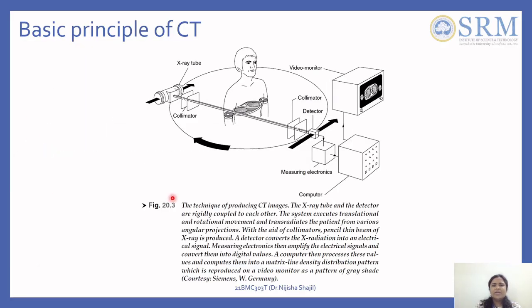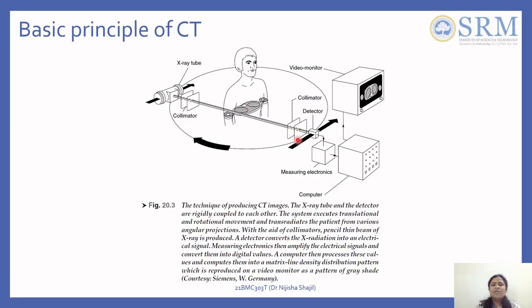Again, to understand this better, this is the subject, and you're going to scan this part, the axial part. In that case, I'm going to use the X-ray tube. Remember in the previous unit, we studied the collimator. It's going to shape it and send it as a fine beam, and you're going to send the X-ray. On the opposite side, you're going to use a collimator again, or it's called a grid, to allow only the single direct rays, to avoid all the scattered radiation, and allow only the single rays to come to the detector.